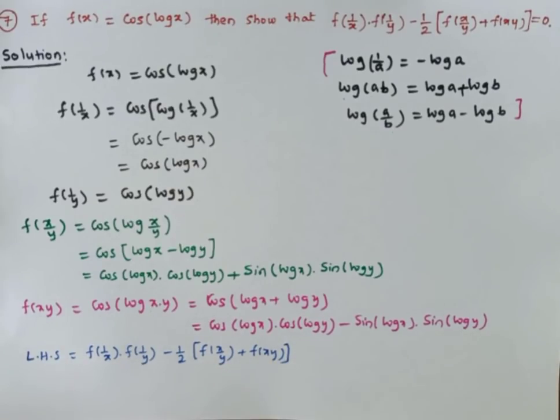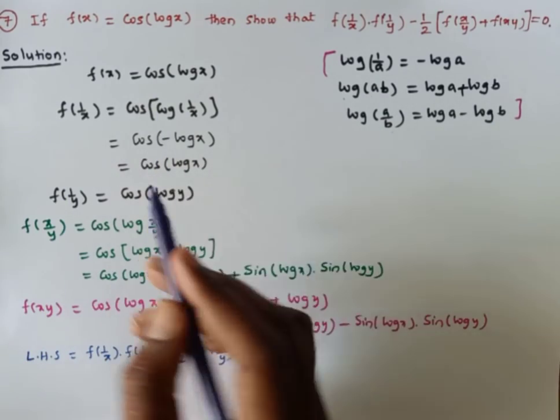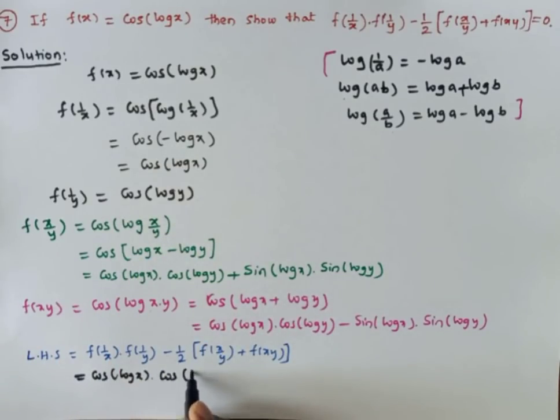You need to show this is equal to 0. Here f of 1 by x is nothing but cos of log x, so this is cos of log x into f of 1 by y, which is cos of log y.